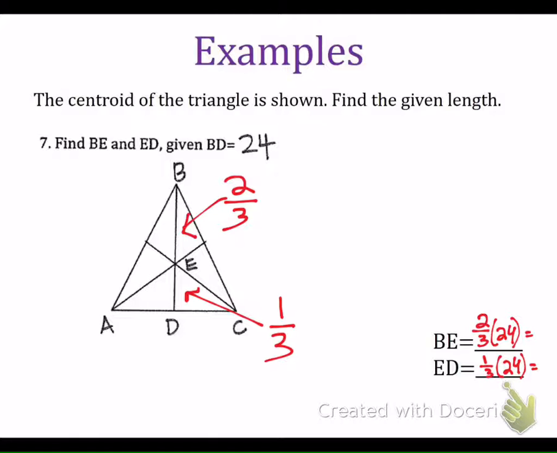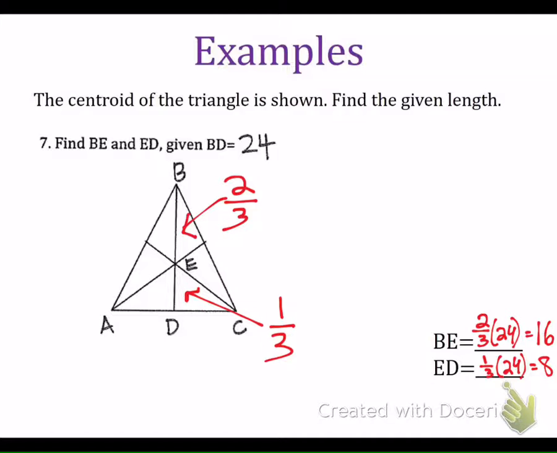So what's 2/3 times 24? 16. What's 1/3 times 24? 8. The longer one is always twice the size of the smaller one. So if you find the longer one, you can divide by 2 to find the other one. If you find the smaller one, you can multiply by 2 to find the longer one, or you can just do the 2/3, 1/3 trick.